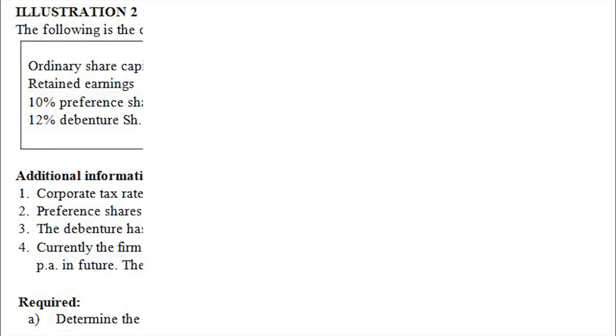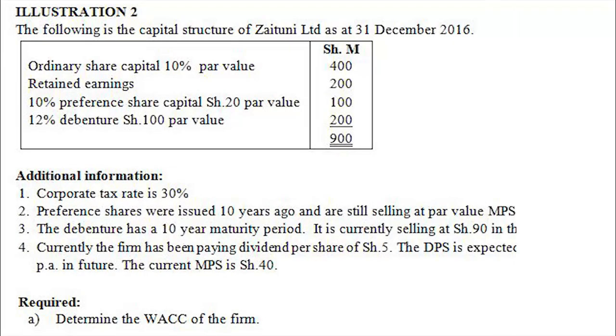For example, in this question, we've been given the market values of the specific sources. So the market values for the specific sources will be equal to the market price per share times the number of ordinary shares.